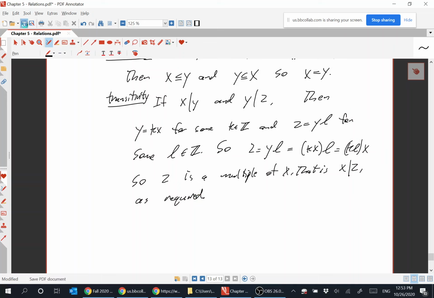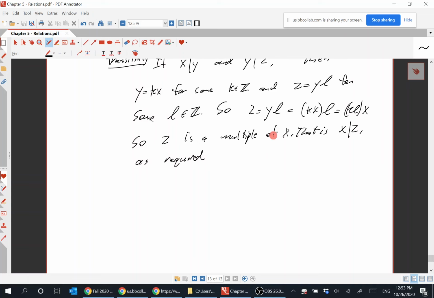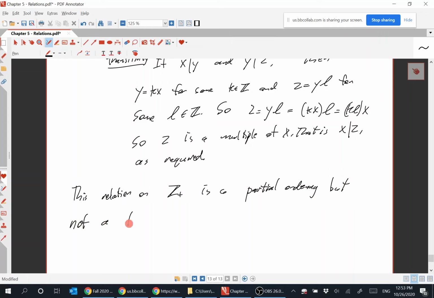So the divisibility relation is a partial order, okay? And it's not a total order, right? So this relation on the positive integers is a partial order, but not a total ordering, right?